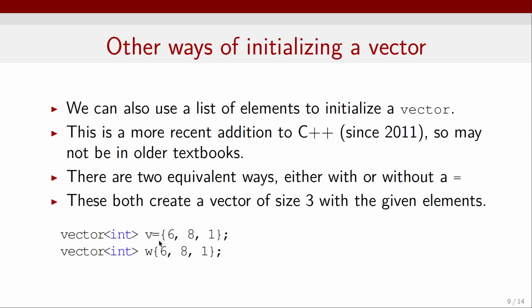So this makes it clear that the vector is a list of elements, or a collection of elements 6, 8, and 1. I can do the same definition and omit the equals, and it will have the exact same effect. So in this case, w is declared and set equal to the list 6, 8, and 1. So these two ways of defining a vector are completely equivalent.